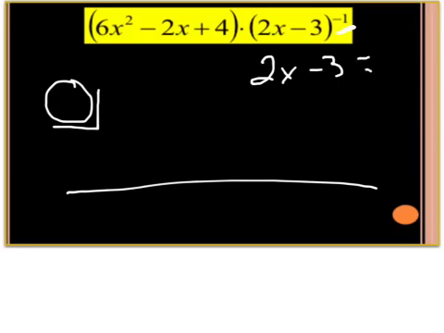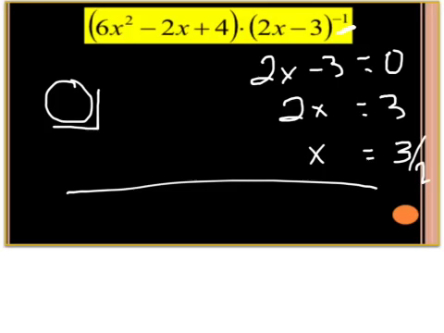That's going to be the solution to this little problem. So you're going to add 3 to the right side, and you're going to get 2x equals 3. This is all just done on the side, and then x will equal 3 halves. So you're going to put 3 over 2 right there.